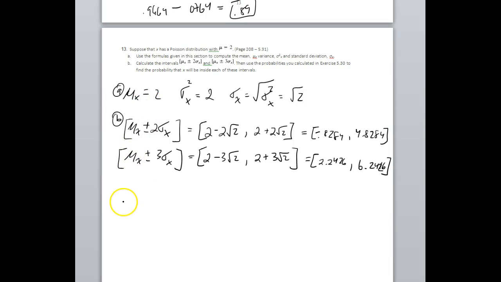so let's look at the first interval, the plus or minus 2 standard deviations away from the mean. So if we want to be in that interval, for this interval we're just going to be looking at the probability. Oh, and notice because this is discrete and it's Poisson, x is only defined from 0 up through some big number.